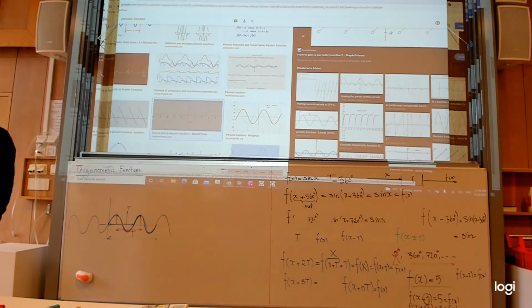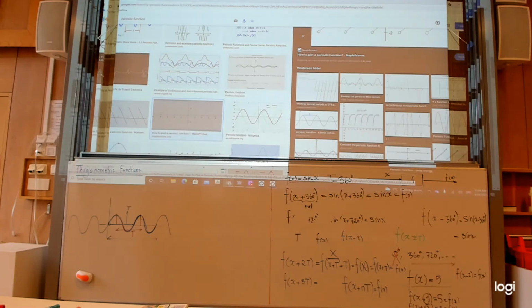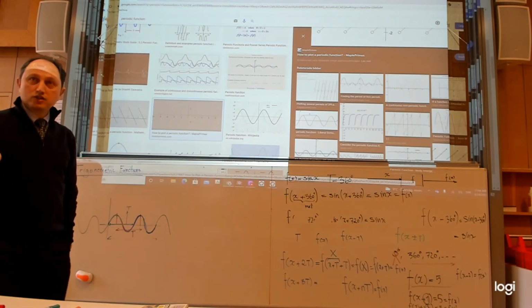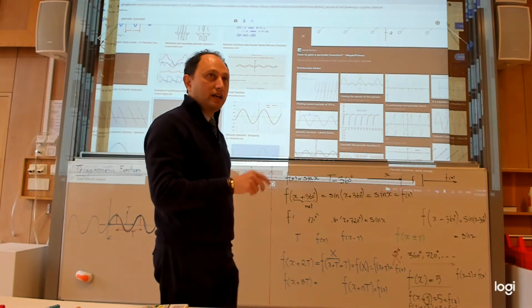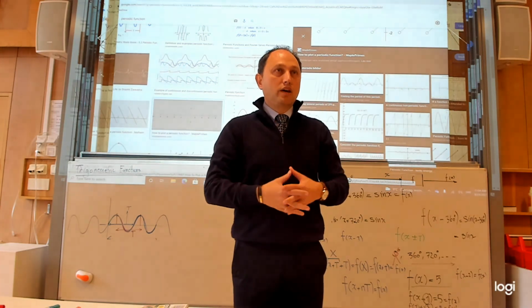Let me ask you, you might ask yourself why. This is a little bit beyond the lesson, but I want you to understand why periodic functions are important, because periodic functions are related to the French mathematician Fourier. He was able to show that even if I have a function which is not periodic, I can write it by adding a lot of periodic functions together.